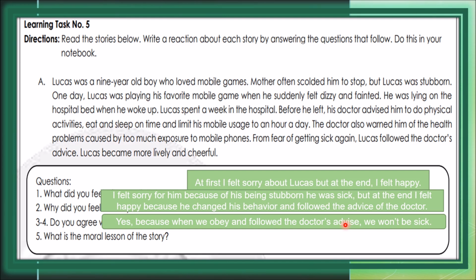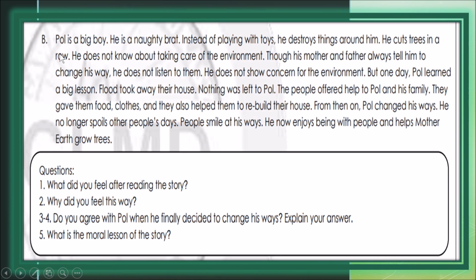Okay, for letter B, let us read all together. Paul is a big boy. He is a naughty brat. Instead of playing with toys, he destroys things around him. He cuts trees in a row. He does not know about taking care of the environment. Though his mother and father always tell him to change his ways, he does not listen to them. He does not show concern for the environment.